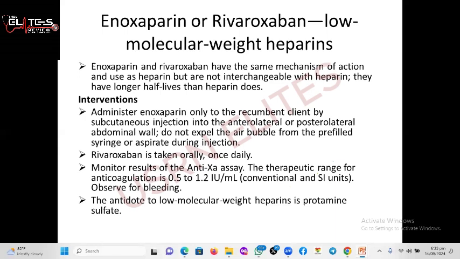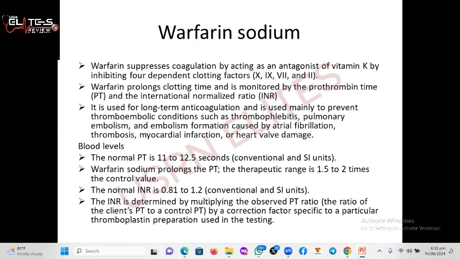The antidote is also protamine sulfate, because the component is also of heparin. So if someone is on enoxaparin or rivaroxaban and they are bleeding and you need to give an antidote, you go with protamine sulfate.